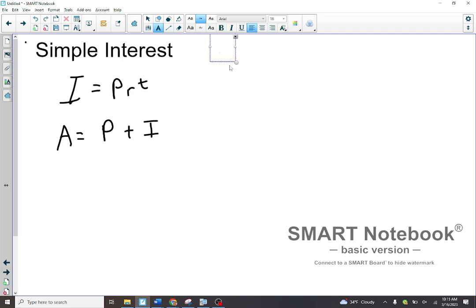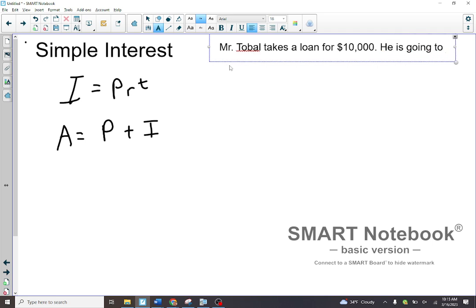So, for example, Mr. Tobel takes a loan for $6,000. Let's say $10,000 to keep the numbers easy. He is going to pay off a house. 6% per year.